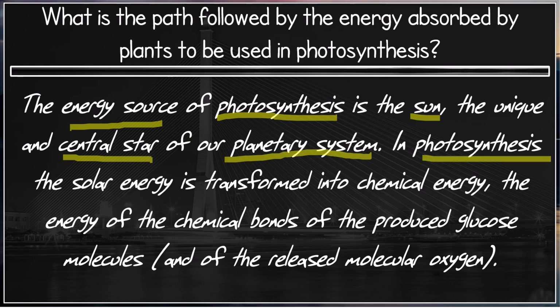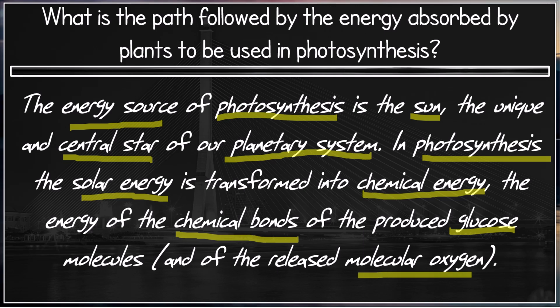In photosynthesis, the solar energy is transformed into chemical energy. The energy is in the chemical bonds of the produced glucose molecule and of the released molecular oxygen.